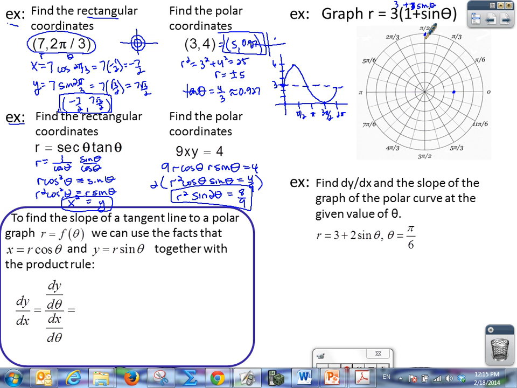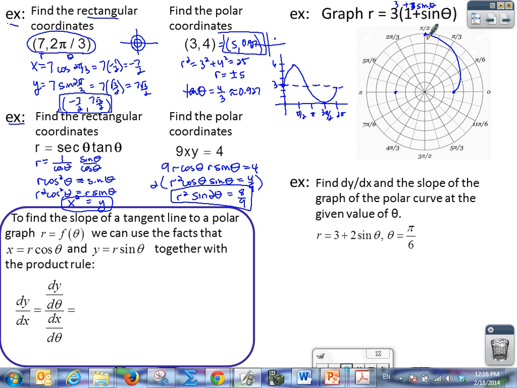Hopefully we realize that between 0 and pi over 2, these are all positive r values. It goes from 3 to 4 to 5 to 6. We don't normally connect with straight lines in polar. They're normally curved, so I would just do an estimate. I really wouldn't spend a lot of time trying to make it perfect. All right. So then when we get to pi, it's back at 3.